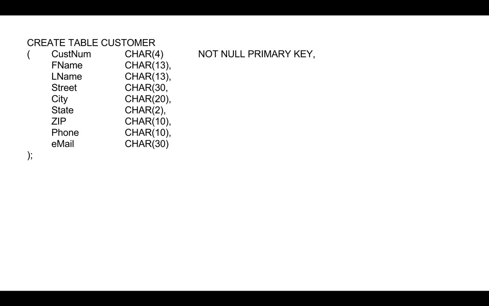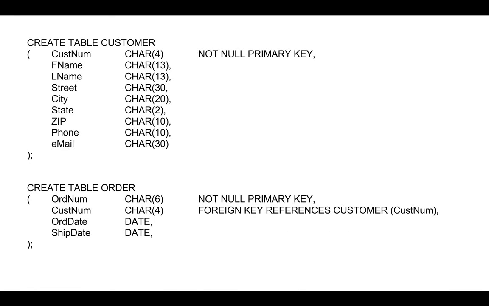Then you're going to create the order table. The order table, of course, is going to say order number, not null primary key. But then it's also going to say customer number, foreign key, references customer, and it actually gives the specific attribute that it needs to identify.